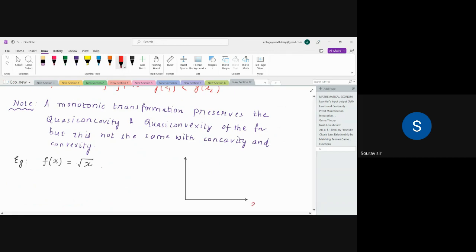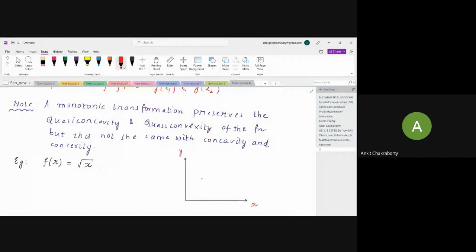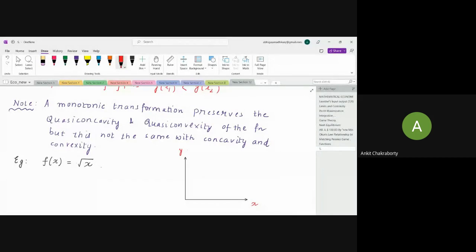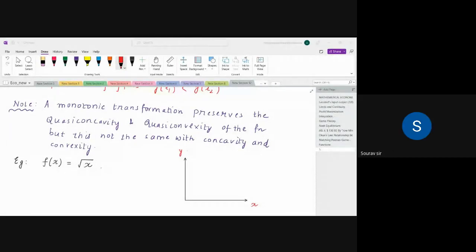Yes, anyone? Horizontal hyperbola. Can you repeat, Ankit? I couldn't hear you.